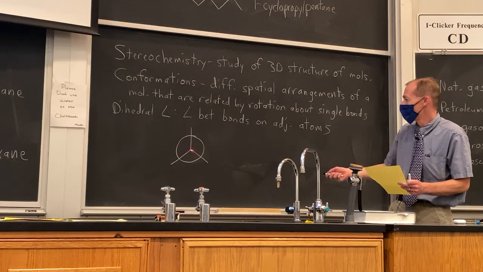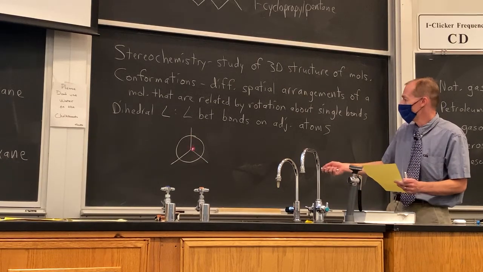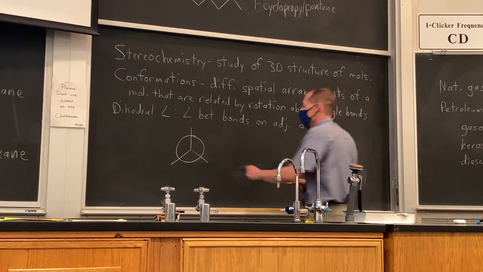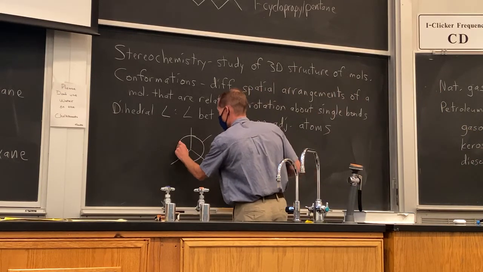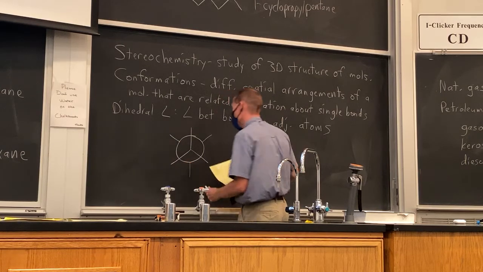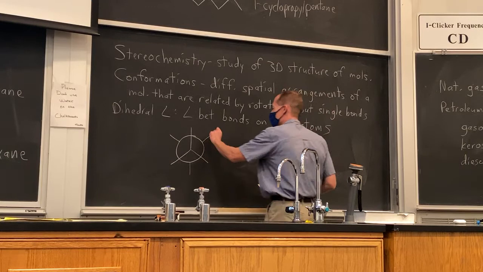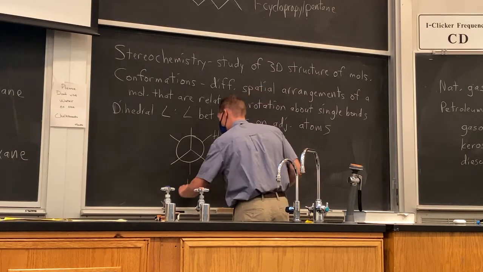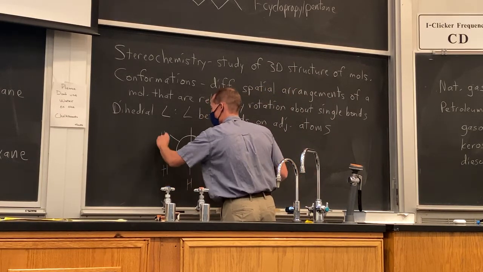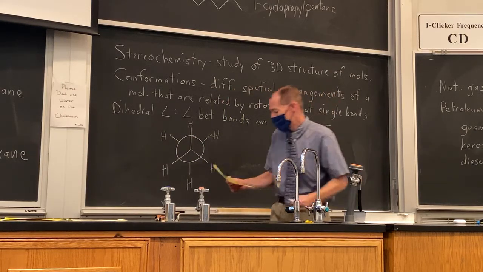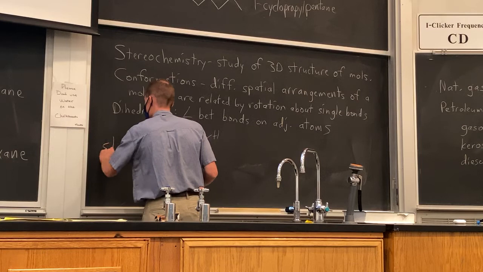And so I've drawn the 3 groups that are coming off of the atom that's closest to our eye. And then here is where you draw the 3 groups that are coming off of the atom in the back. Okay? So if I put all hydrogens here, this is going to be a conformation of ethane that is called staggered.